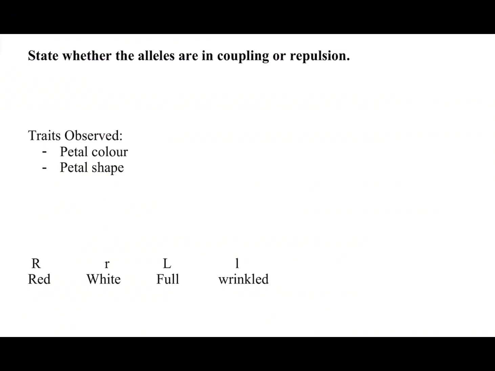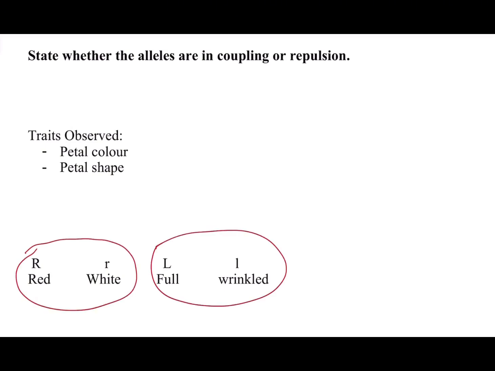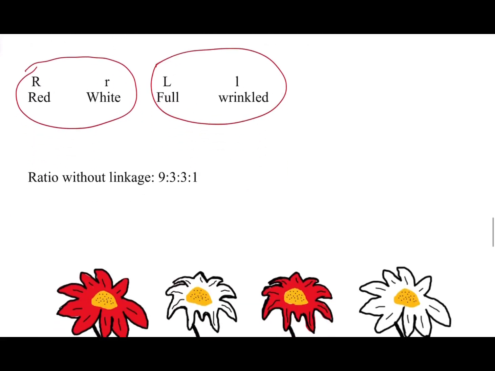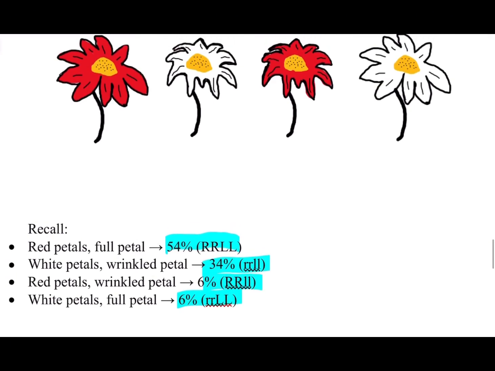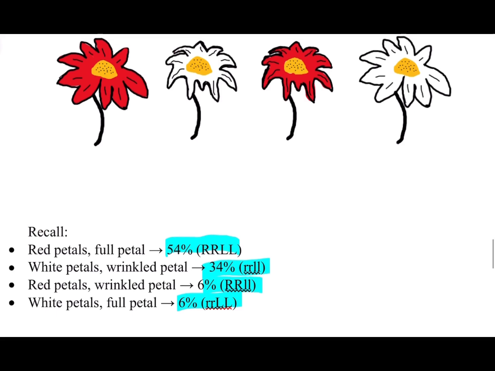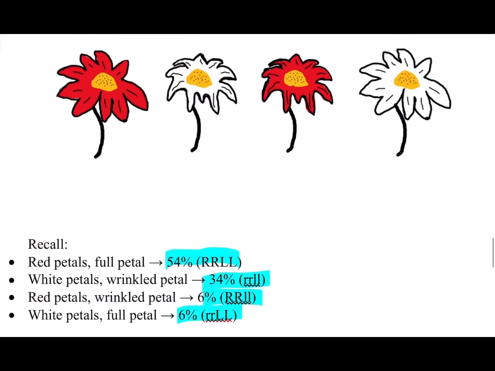The traits being observed in this cross are petal color coded for by R and petal shape by L. As seen by the ratio of progeny in the cross, a typical ratio for a Mendelian dihybrid cross is not followed. The observed ratio of 54% to 34% to 6% to 6% for the phenotypes of flowers with red full, white wrinkled, red wrinkled, and white full petals does not follow the 9 to 3 to 3 to 1 expected in a typical dihybrid cross.